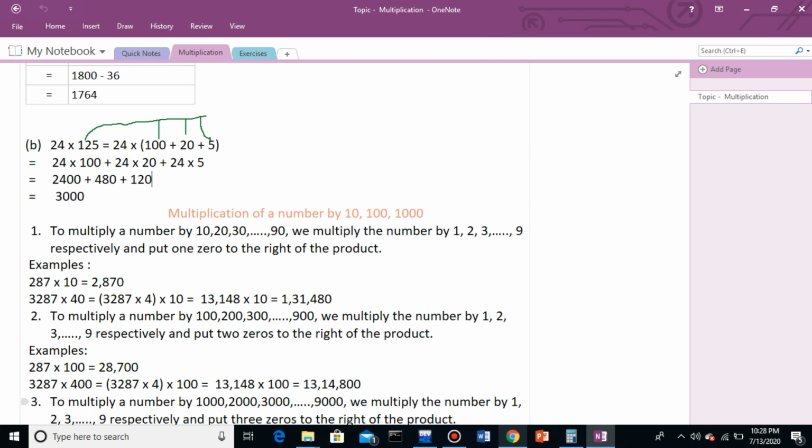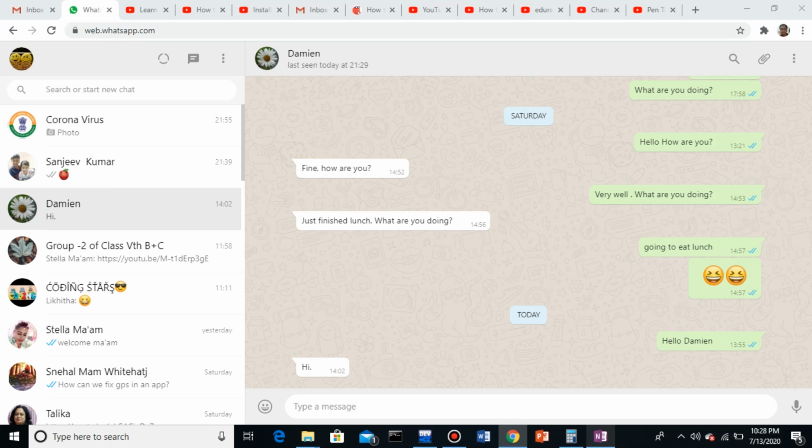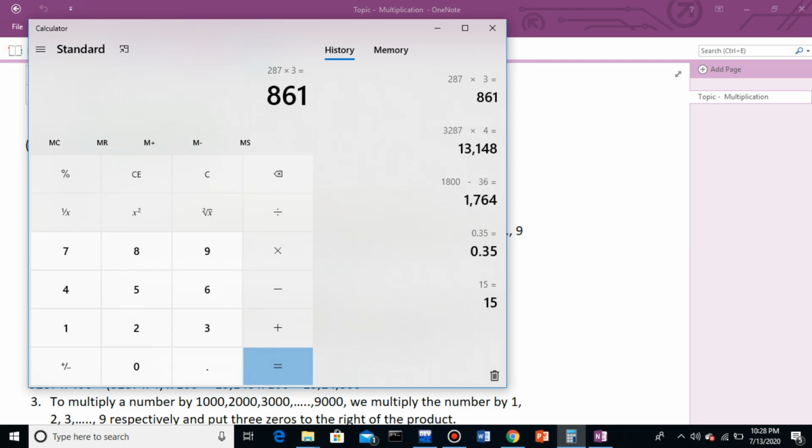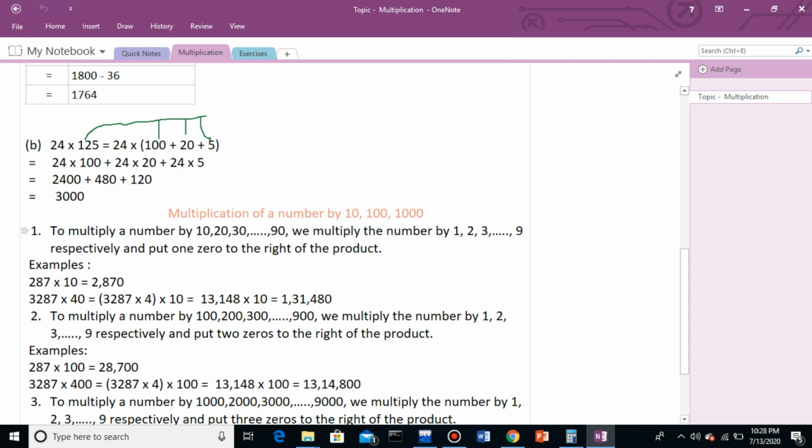So 861, and if we put a 0 to the right of its product, it will become 8610. Now more examples are given below.